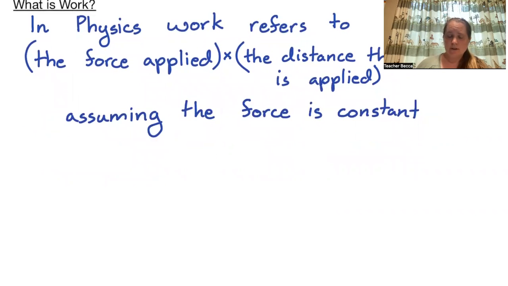In terms of units, we have our two systems.